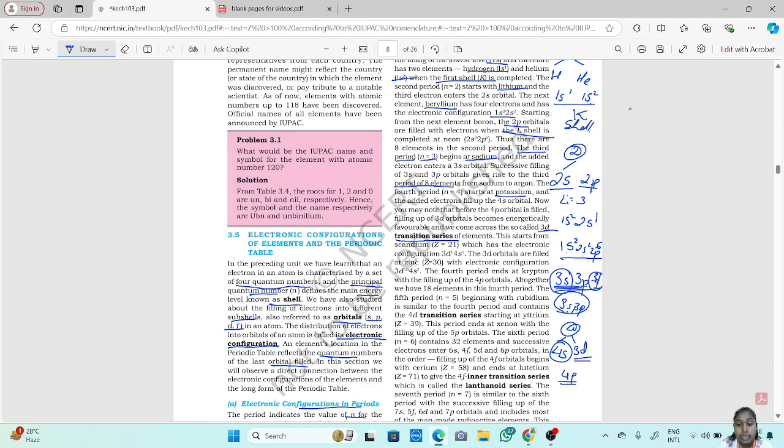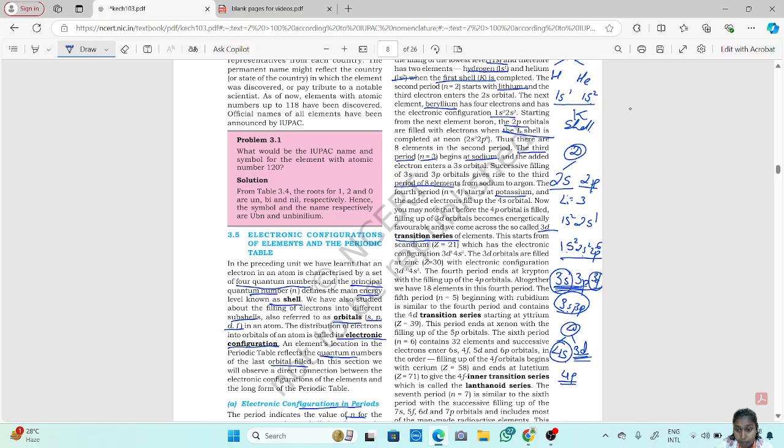But in this case, it is observed that once the 4s orbital is completely filled, the electrons start adding up into the 3d orbital, because energetically after 4s, 3d is the orbital which is present.